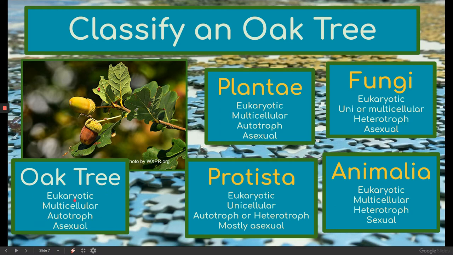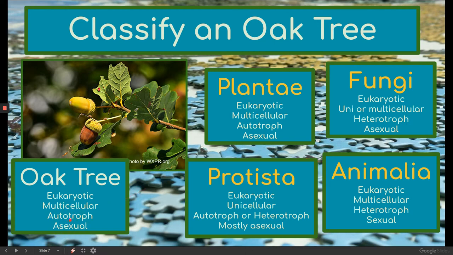I find out it's eukaryotic, and all of these kingdoms are eukaryotic, so I can't classify there. It is multicellular. Well, Plantae, Fungi, Animalia. Oh, wait, Protista is only unicellular, so I can already mark that out, and I just have 3 to look at now.